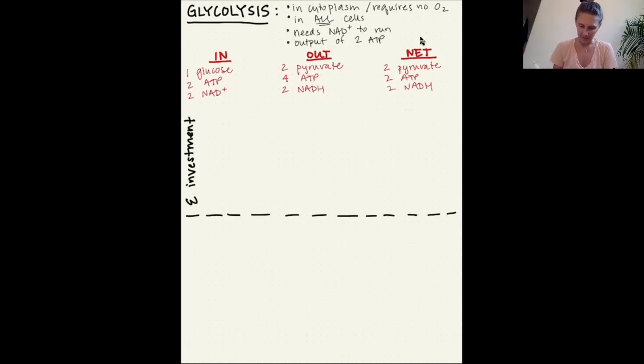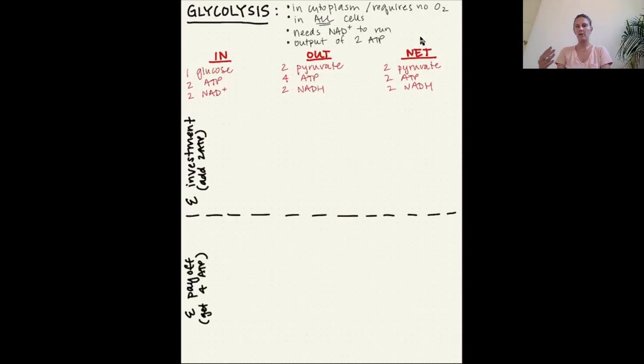The second half of glycolysis is the energy payoff phase, and that's when we get energy out. In the energy investment, you add 2 ATP, and in the energy payoff, you get 4 ATP, and that's what we're going to see as we go through.